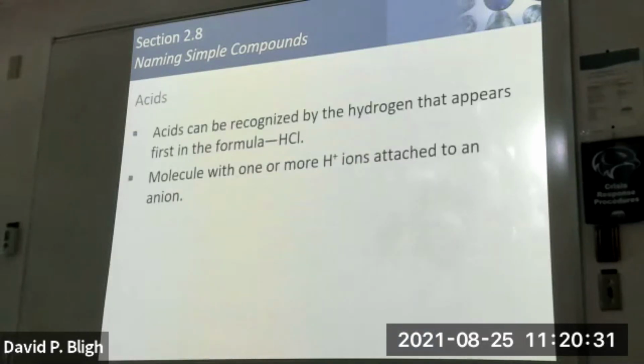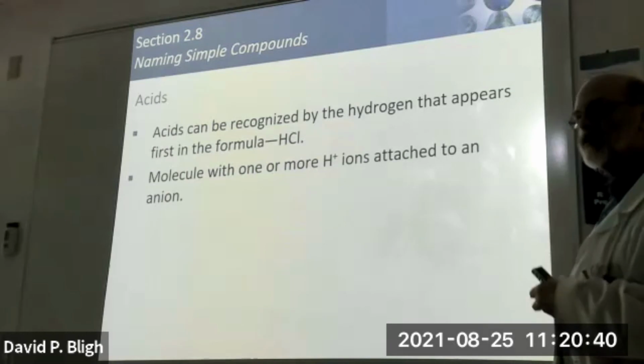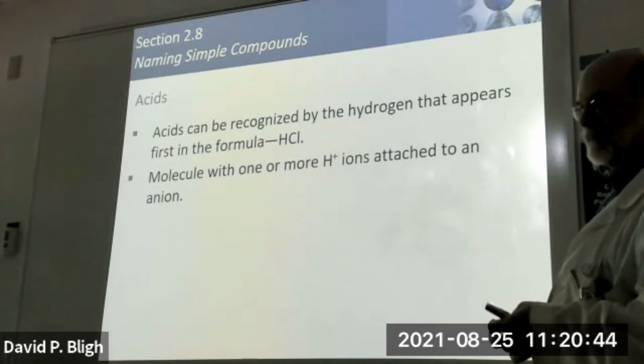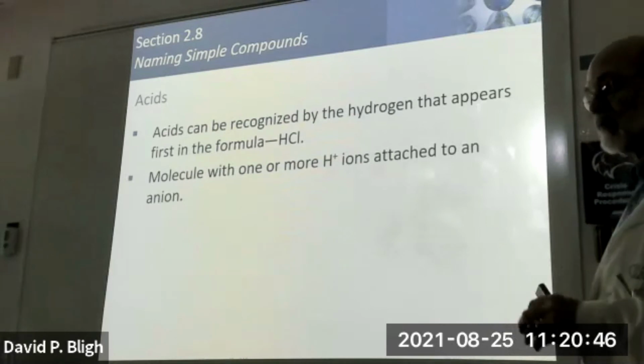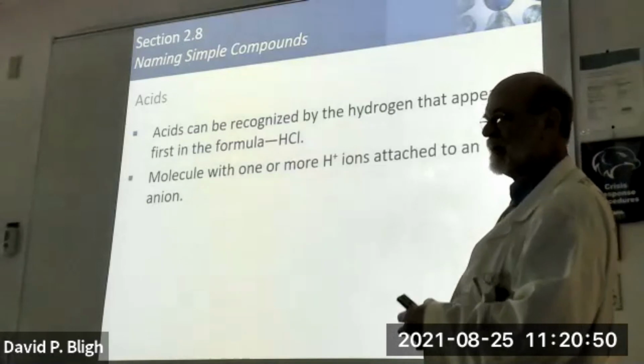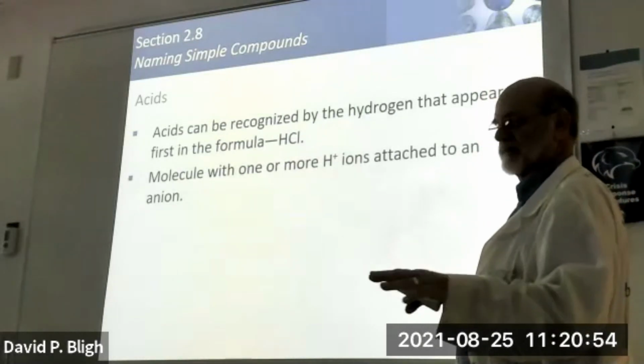Now, I mentioned earlier the alchemists were pretty good at creating and using mineral acids. Well, acids come in lots more flavors than mineral acids. And we need a convention for naming them, but we can't invent it from whole cloth.